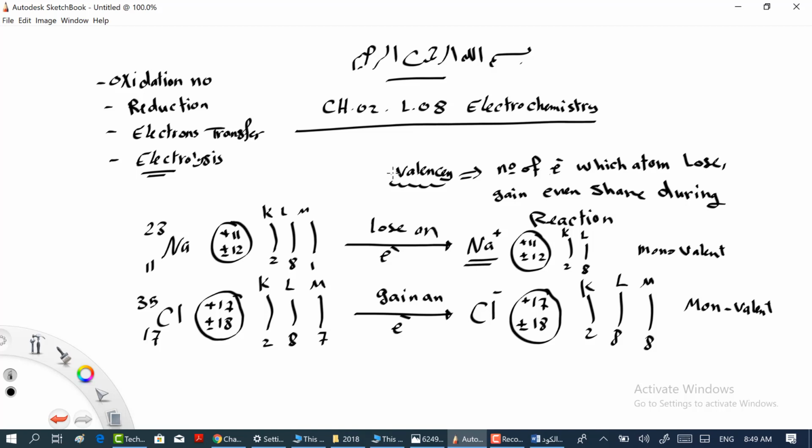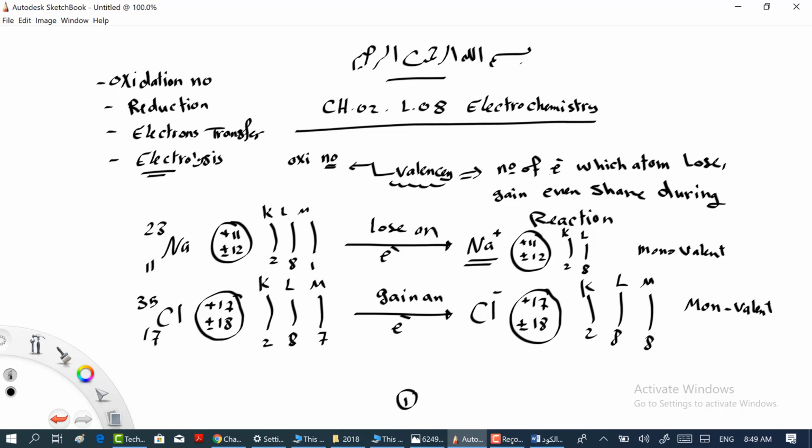We can consider the valency now as what is called the oxidation number. So the oxidation number is the number of electrons which an atom loses, gains, or even shares during the chemical reaction.